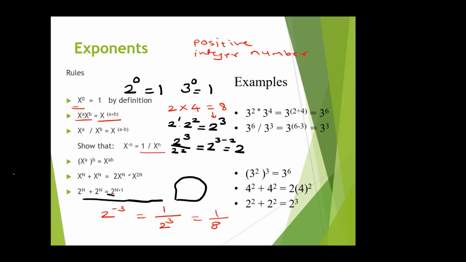But if the base is the same and we have an exponent of this whole term, something like 2 raised to 2 for the whole bracket raised to b, then we multiply both exponents. So for example, 2 raised to 2 is 4, raised to 3, gives 2 raised to 2 multiplied by 3, which is 2 raised to 6.